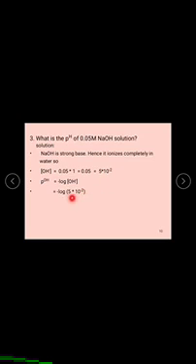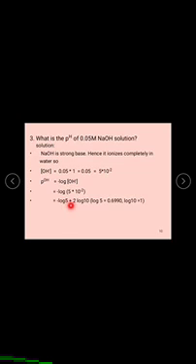It is in the form of log m into n, then it is log m plus log n, that is minus log 5 plus log 10 to the power of minus 2.